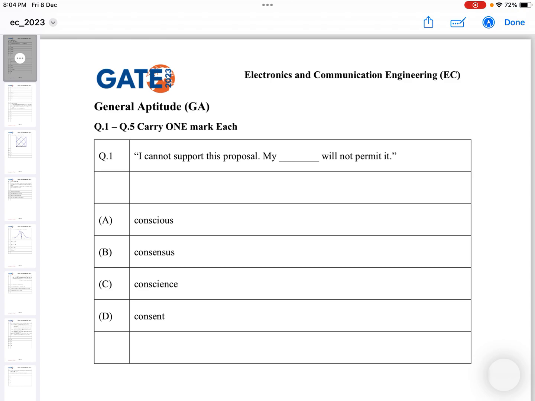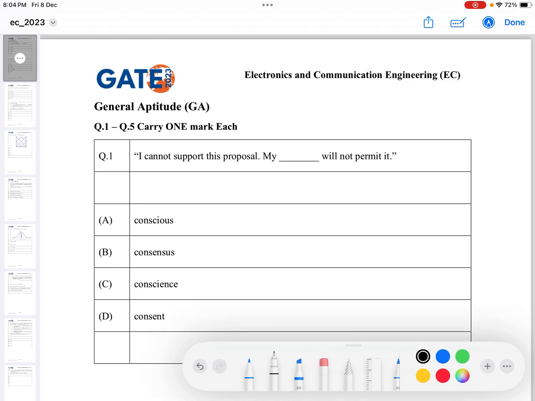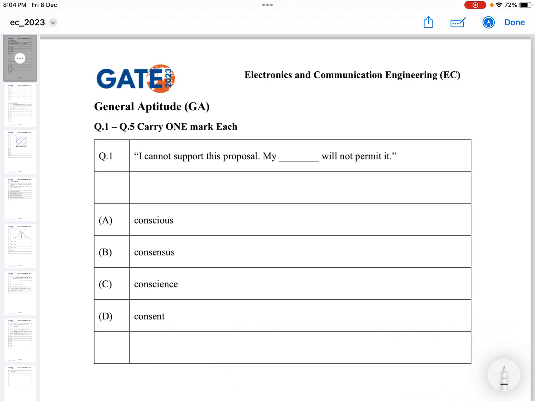So what we are going to do is questions of linear algebra. If you are already following this channel, then we have already covered linear algebra from the statistics paper and also from the mathematics paper. So the last 5 year questions from these papers we have covered so far.